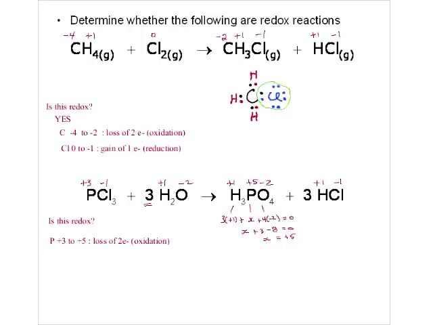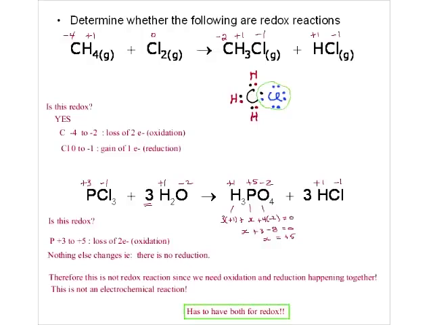So in a sense, phosphorus could have been oxidized. Now the only problem with this is that nothing else changes. There is no reduction. So what happened to phosphorus was not oxidation. There must be something else going on here that's not an oxidation reduction reaction, because you can't have one without the other. So this is not a redox reaction. Okay? You have to have both for redox.